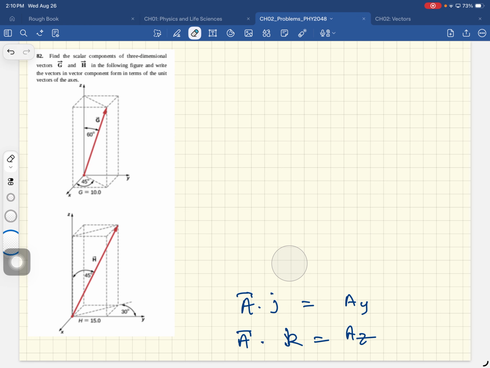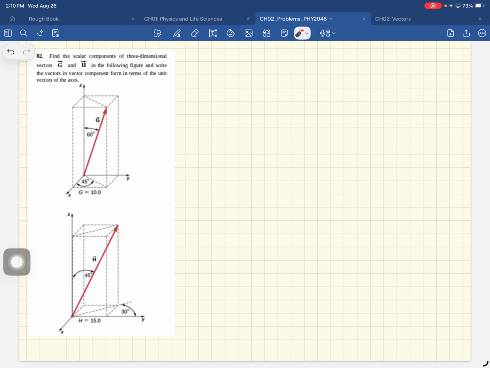So g cosine 30 is this projection, and then this projection times cosine 45 is gx, which is that. So 10 equal to g cosine 30 cosine 45. Okay. So now you have the magnitude g.